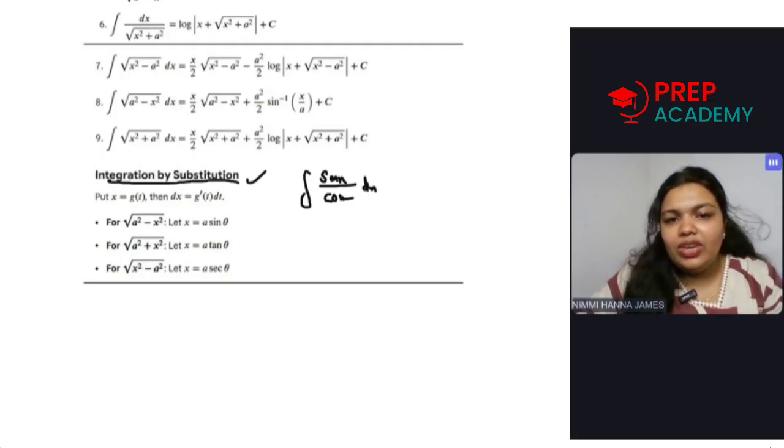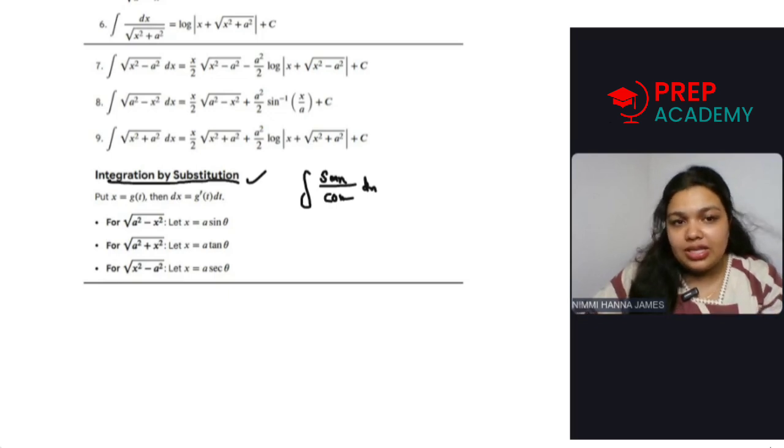When we look at it, we have cos x and sin x. The name itself suggests that it is integration by substitution. So I am going to substitute cos x is equal to t, some value t.